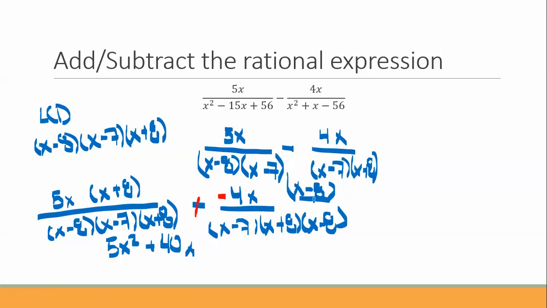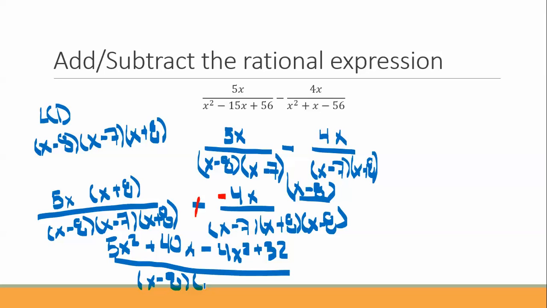Minus 4x times x minus 8 is going to be minus 4x squared plus 32, because minus 4x times minus 8 is plus 32. Now we have a common denominator, so we can leave it as a common denominator.